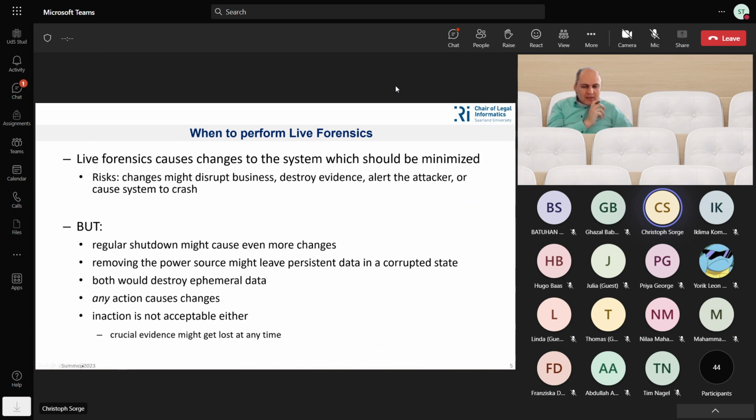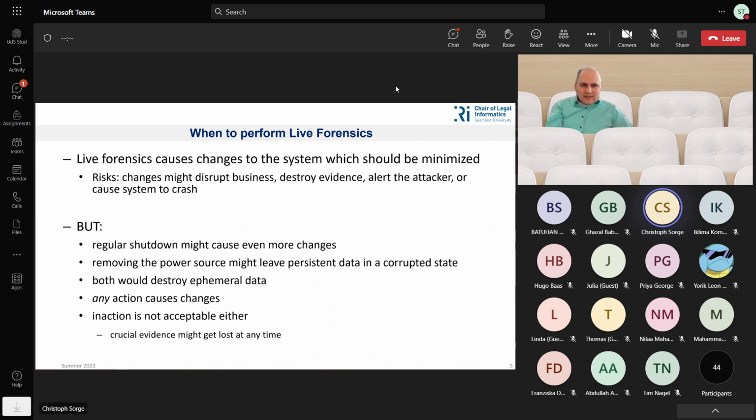And of course, installing a program or running a program, running a process will change the content of the main memory. So might destroy evidence used by doing live forensics, or you might disrupt the business. If you're doing live forensics on an important server, the server might not be available for the usual tasks. You might want to stop connections while doing so.